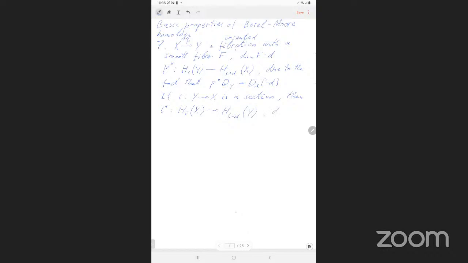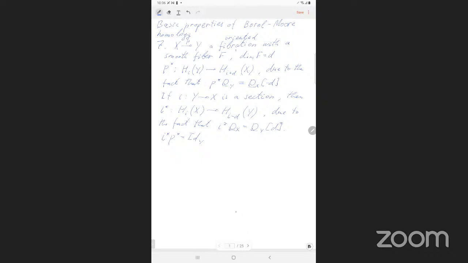Again, this is due to the fact that the pullback of the dualizing sheaf of X is the dualizing sheaf of Y shifted now in the negative direction. Okay, and clearly, or at least hopefully, the composition of i and p is the identity in the Borel-Moore homology of Y.